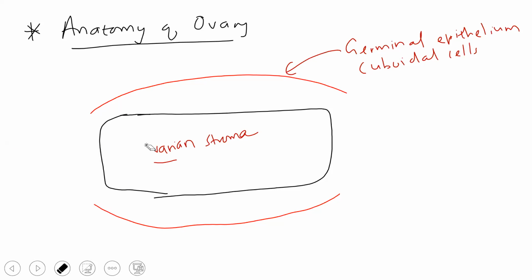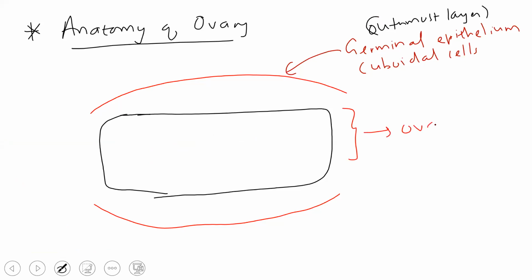The germinal epithelium is the outermost layer. Now if we talk about this stroma, let me write it in the center so you can have an idea. This is what I have highlighted, the ovarian stroma.